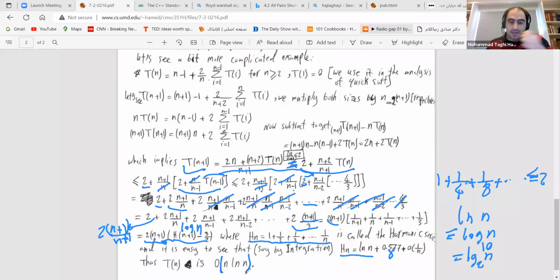As I mentioned, this T of n is the one that we are discussing. That would be the running time of quicksort. And this is the good approximation that we will get for it, n log n. And this is some kind of a recurrence formula.